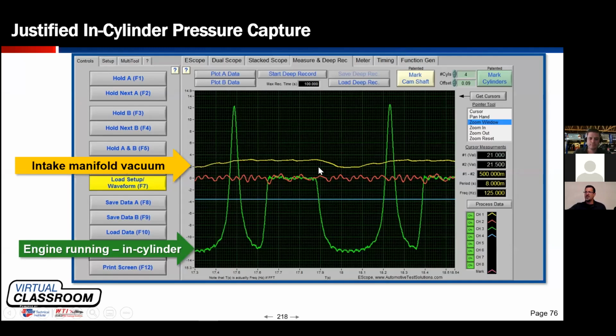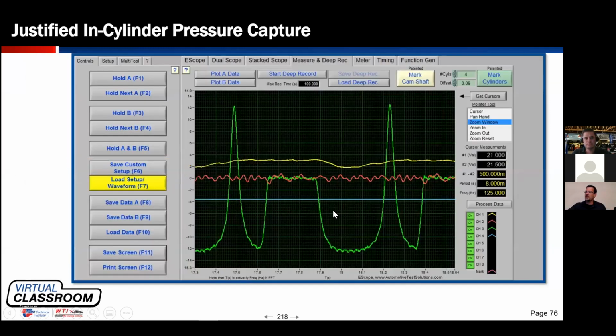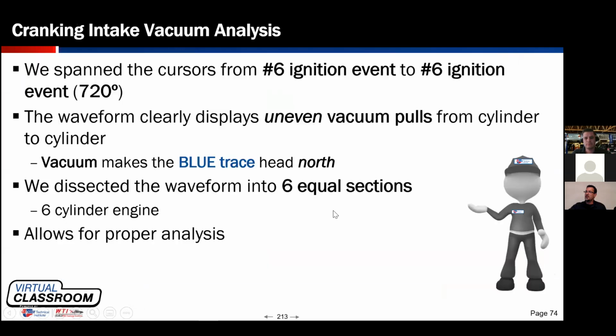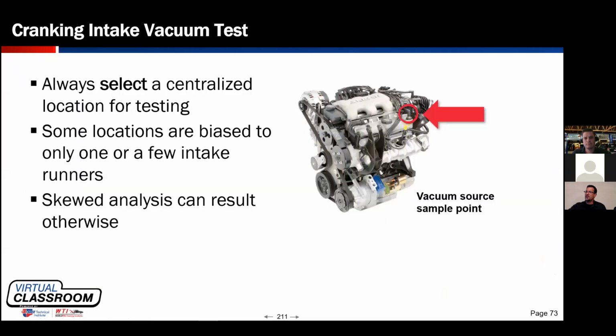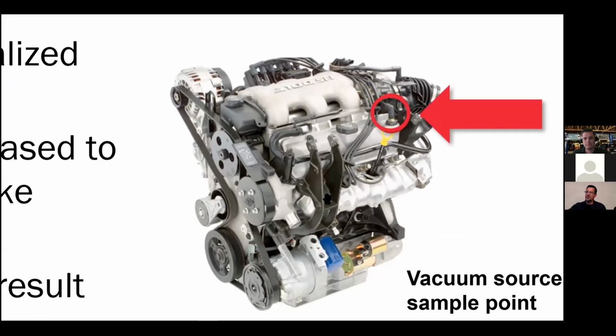Awesome. So now let's go back to this question here. First of all, let me show you, listen, cylinder number 2, let me go back to this picture right here. Cylinder number 2 is right here. Here's cylinder number 2, cylinder number 4, and cylinder number 6. 1, 3, and 5 are in the back.